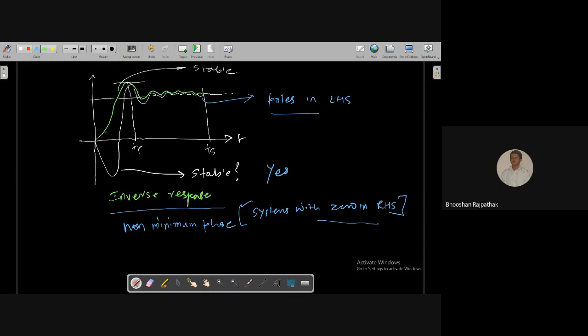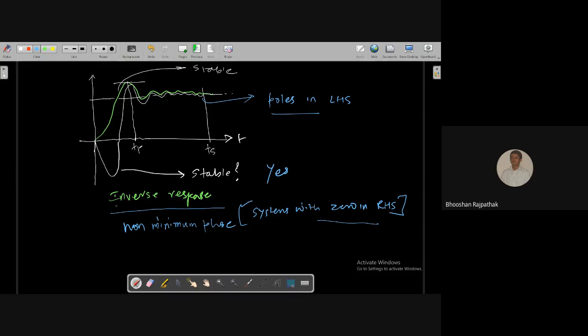If zeros are also in left hand side, then the response will be from 0 to positive. But if zeros are in RHS, response will go from 0 to first negative, opposite direction, and then since poles are in left hand, it will be stabilized. Okay, so that is the peculiarity of non-minimum phase systems. This response is called inverse response.